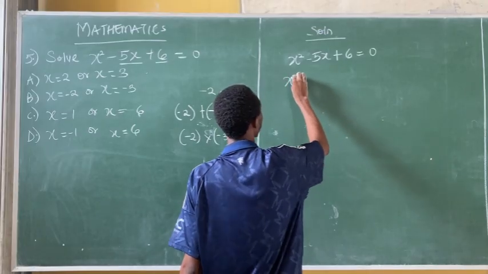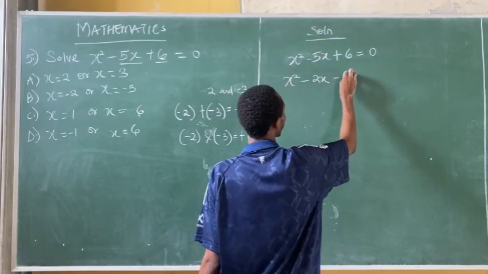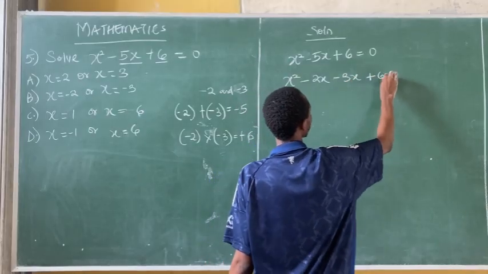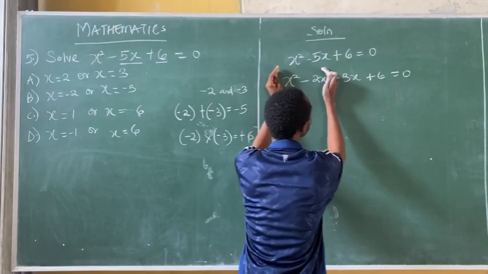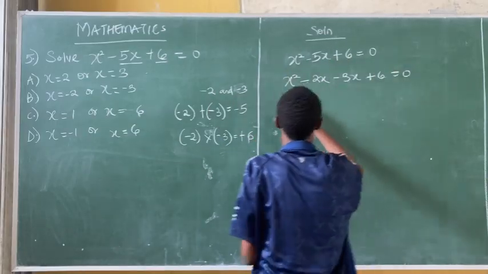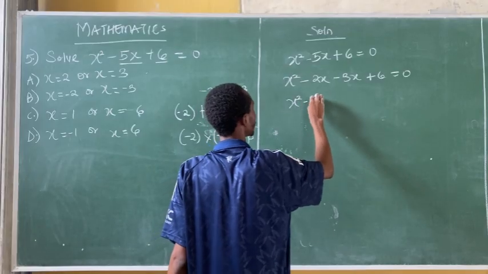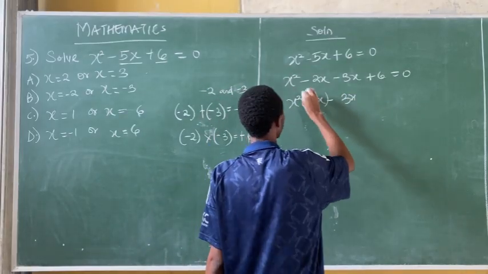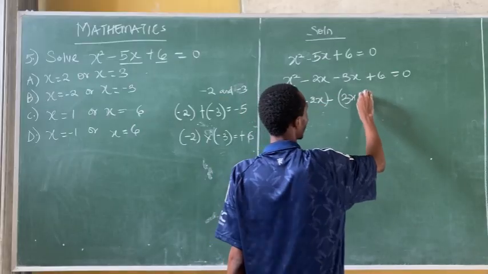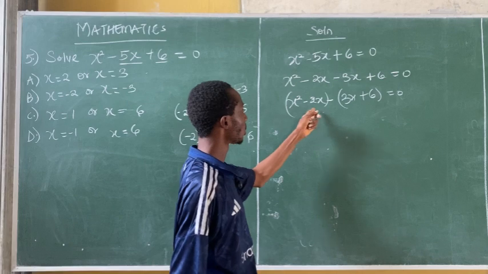So we have x squared minus 2x minus 3x plus 6 is equal to 0. Now we pick these two in a bracket and put these two in a bracket. If we do that, we have x squared minus 2x, this is in a bracket, minus 3x plus 6 is equal to 0.